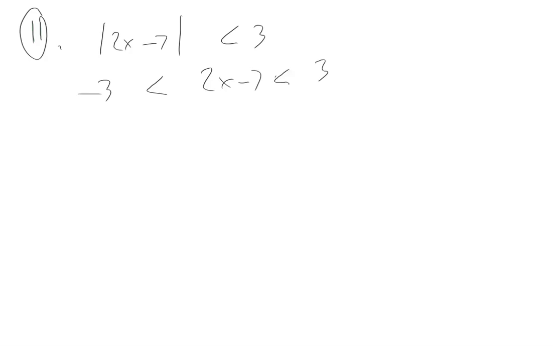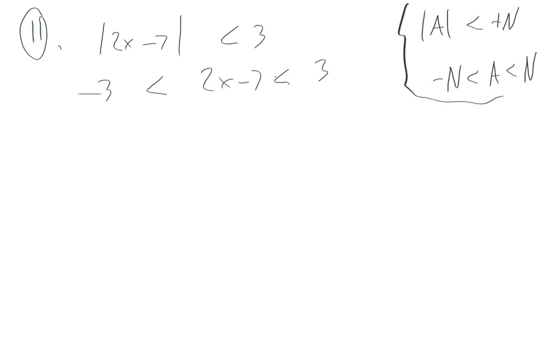The principle is, if the absolute value of anything is less than a positive number, then it's between the negative of that number and the positive number. That's the principle you use to solve this problem.